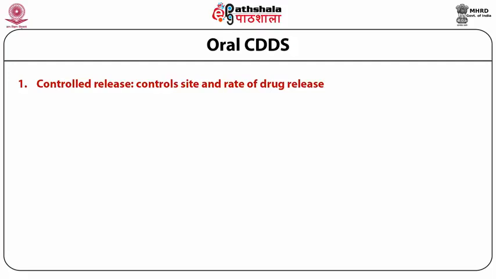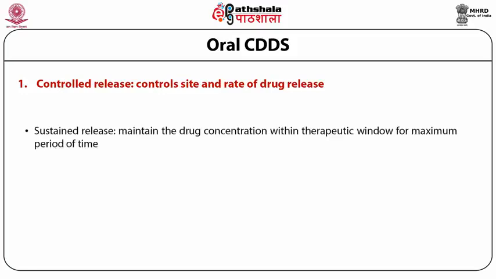Controlled drug delivery systems delivered through the oral route can be of two types: controlled release and delayed release. The controlled release systems control the site and rate of drug release, and under this we can have sustained release, which maintains the drug concentration within the therapeutic window for the maximum period of time.